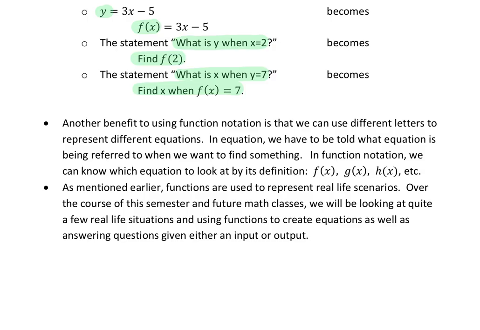When we use function notation, we can label them differently. We can label them f of x, g of x, h of x, and you can change the letter in front to whatever you want it to be. And we can say find g of 5. And so when we say find g of 5, we know what x is, it's 5, and we know which equation we're looking at because we want the equation that is labeled as g.